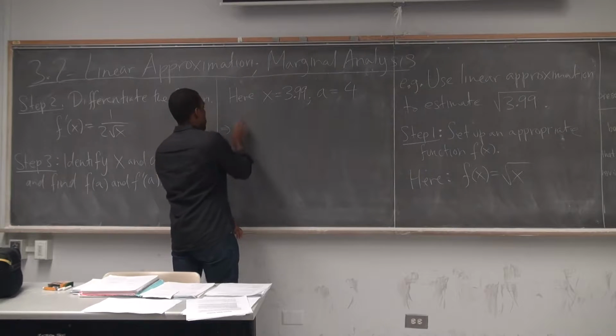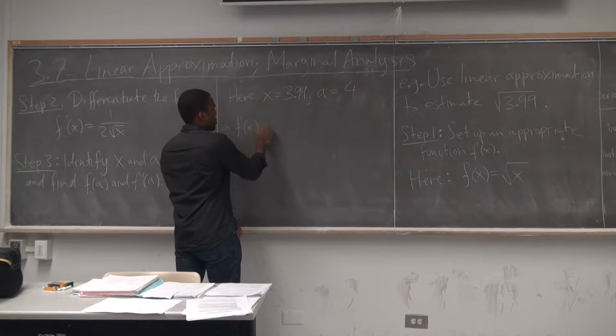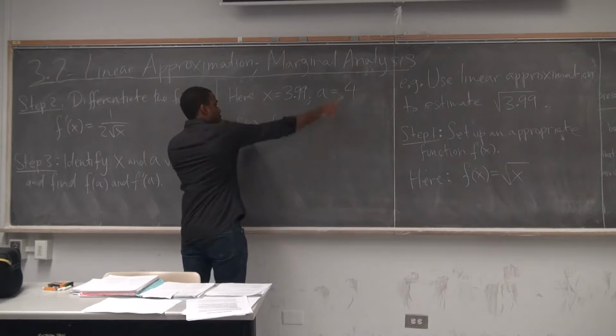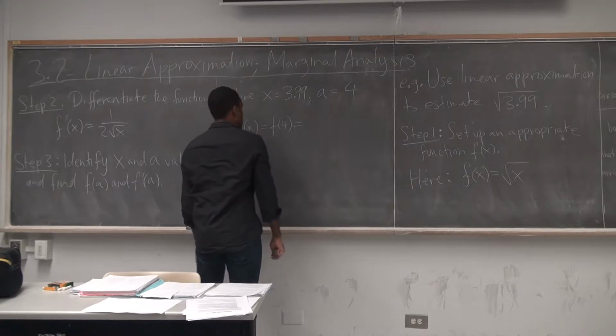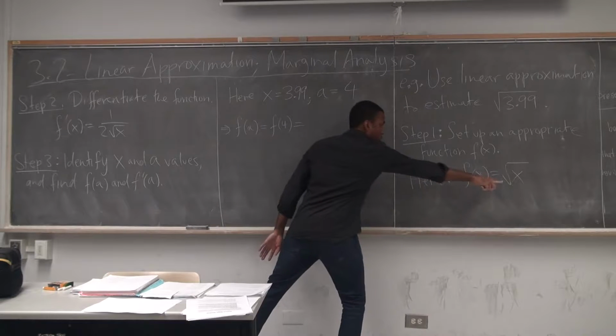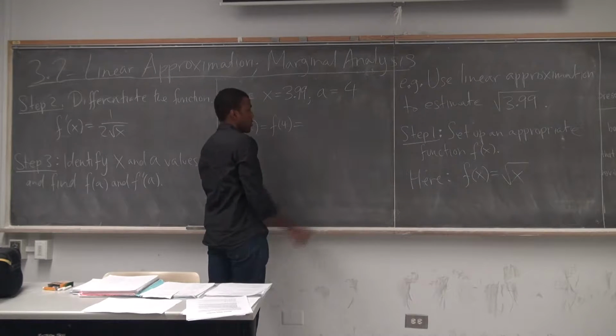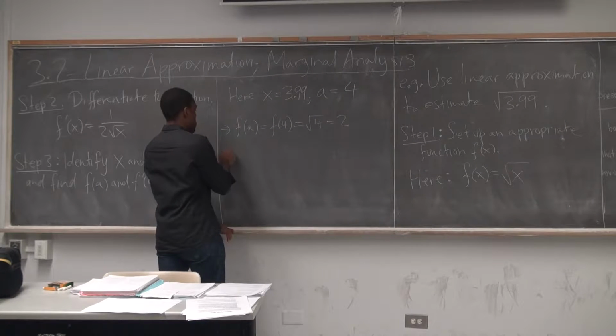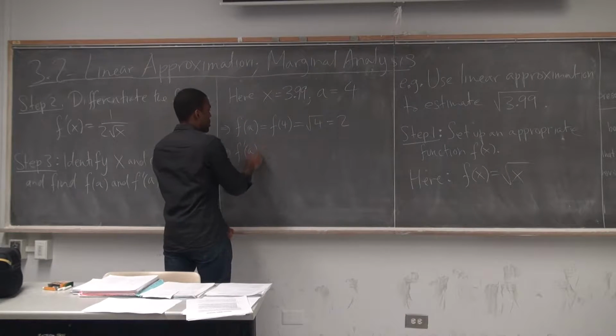So now I want to figure out what is my f of a. Well, that's just f of 4, since a is 4. So what is f of 4? 2. F of x is the square root of x, so f of 4 is just the square root of 4. That's 2. Now, what is my f prime of a?